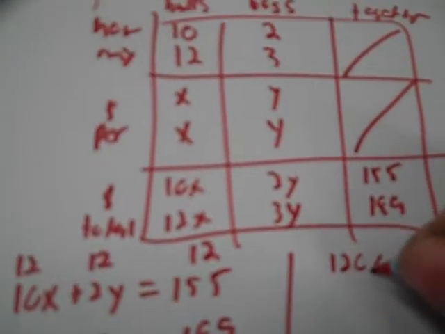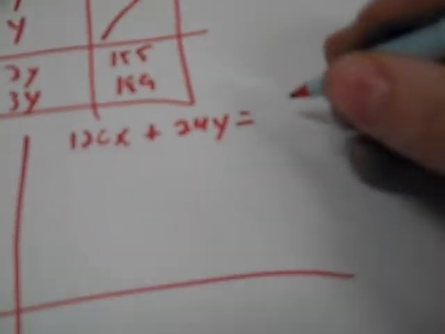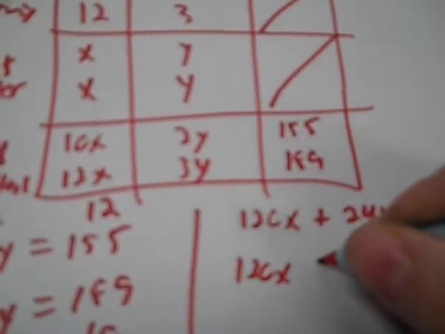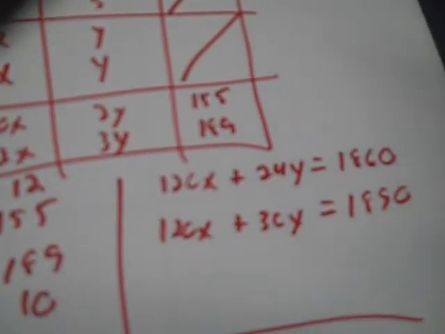So that gives me 120x plus 24y. And then 155 times 12 is 1,860. And then on the bottom you have 120x plus 30y equals 1,890.